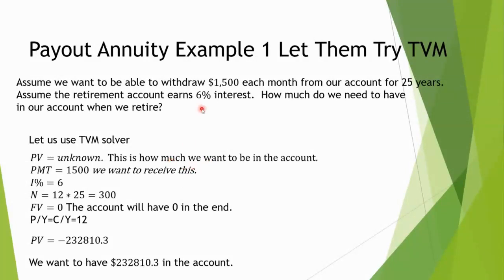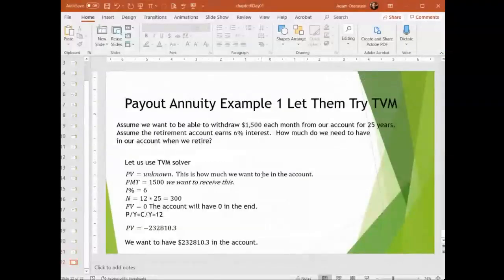And since we're making monthly withdrawals, we have this, right? Compounding periods per year, that's always equal to how many withdrawals we're making. So in this case, that's 12. These two are equal. So now, let's check out the TVM solver.